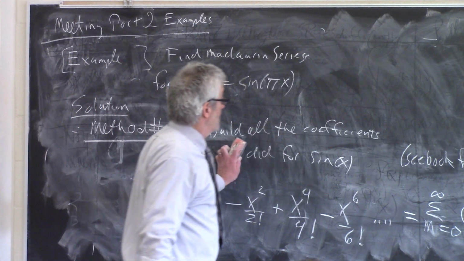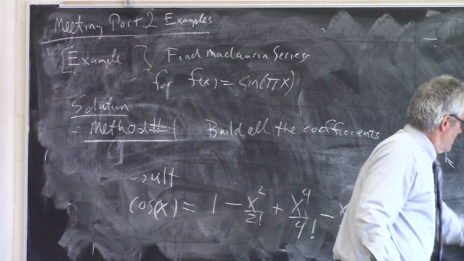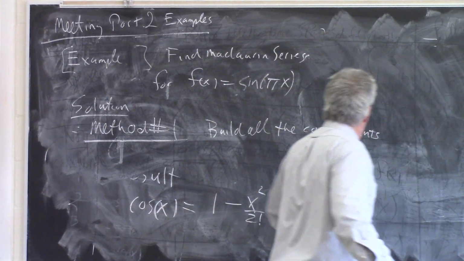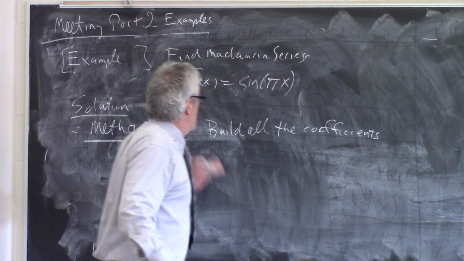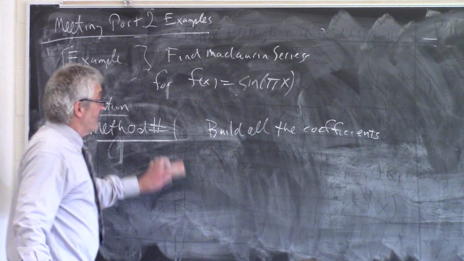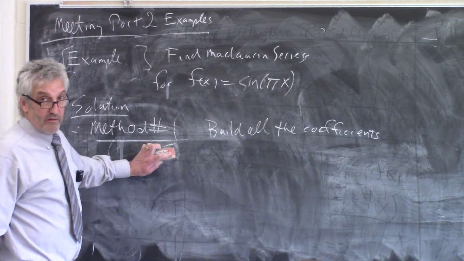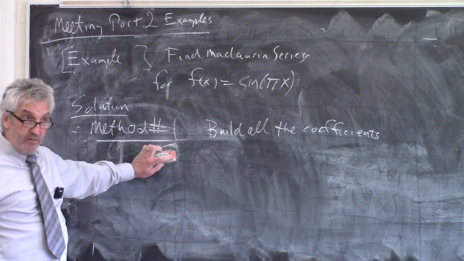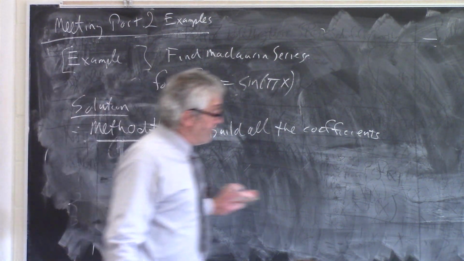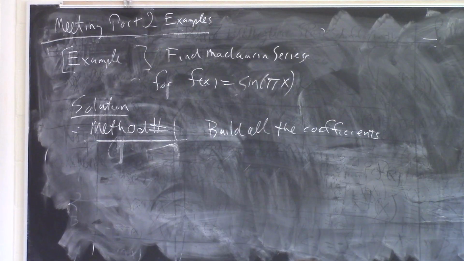Well, we have the same option. We could build all the coefficients because this is section 8.7, and that's the kind of thing we do in section 8.7. Method 2 would be to use the previous results.